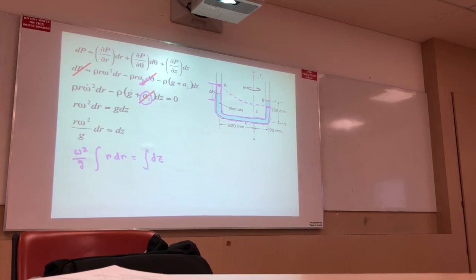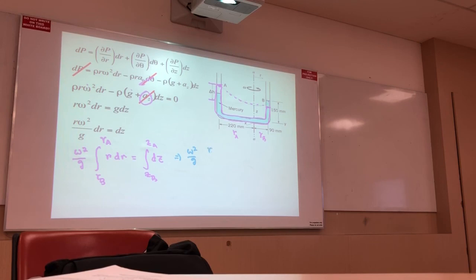Yes. Then R from here to here is, I say RB, here is RA. And here is ZA, correct? And here is ZB, in Z direction. Then after integration, take a look, omega square over G. After integration I can find R square by 2, right?